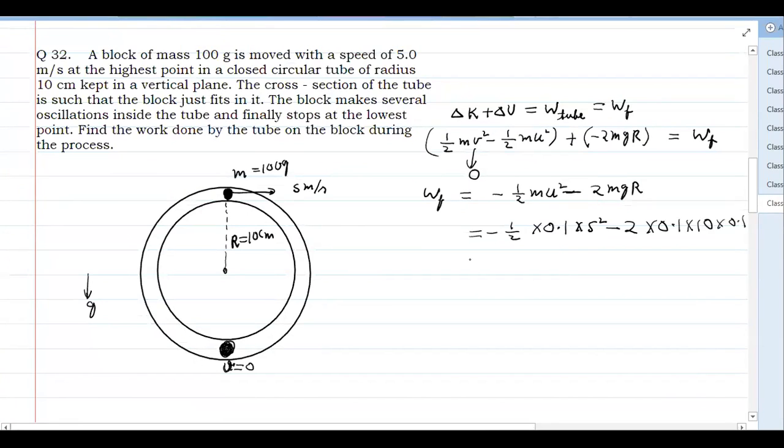So if we solve it, it is going to be 2.5 by 2, so minus 1.25, and for the second term, 2 into 0.1 into 10 into 0.1 gives 0.2, so minus 0.2. So we will have minus 3.25 joule. So this is the work done by friction or work done by tube. So this will be our answer.